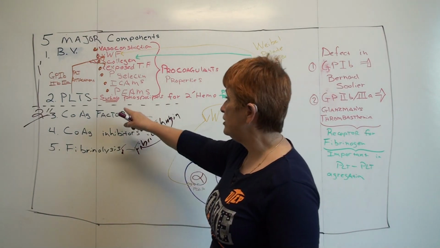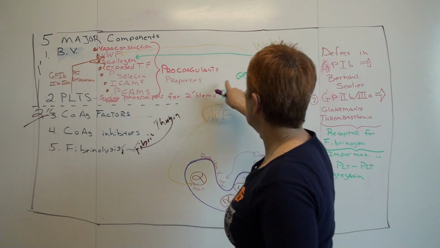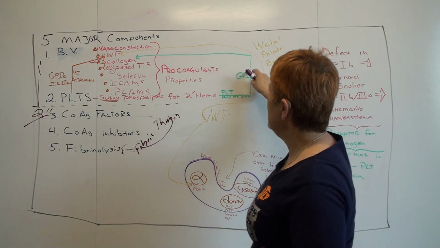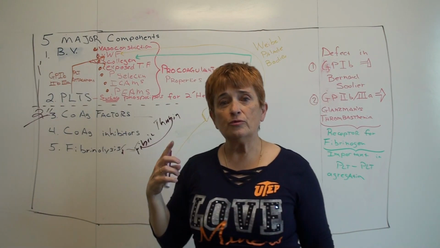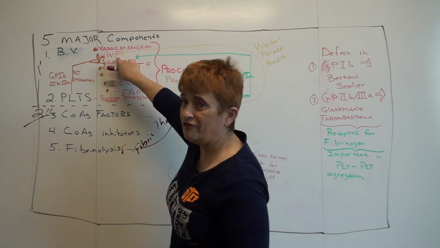Well, remember, they have to adhere. How are they going to adhere? Platelets adhere to the collagen by your GP1A, okay? The other thing that they're going to adhere to is your von Willebrand's factor.